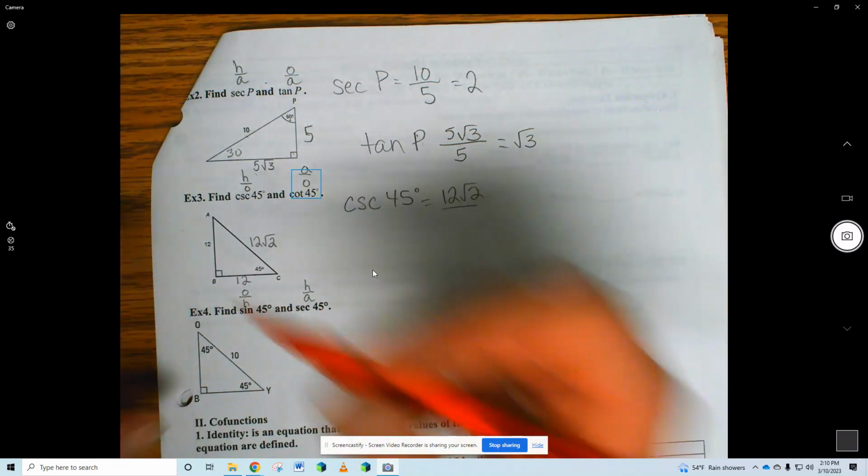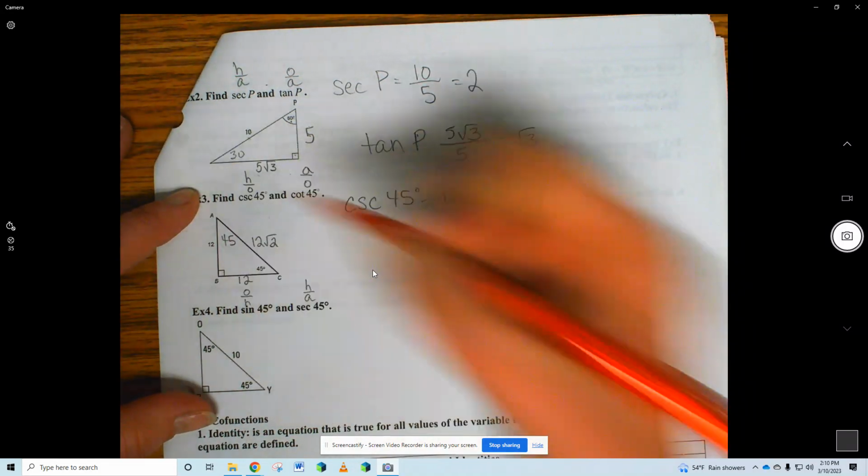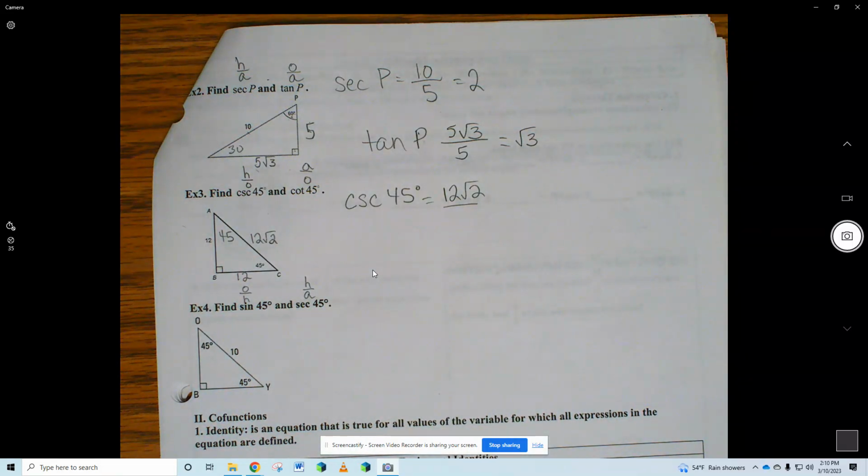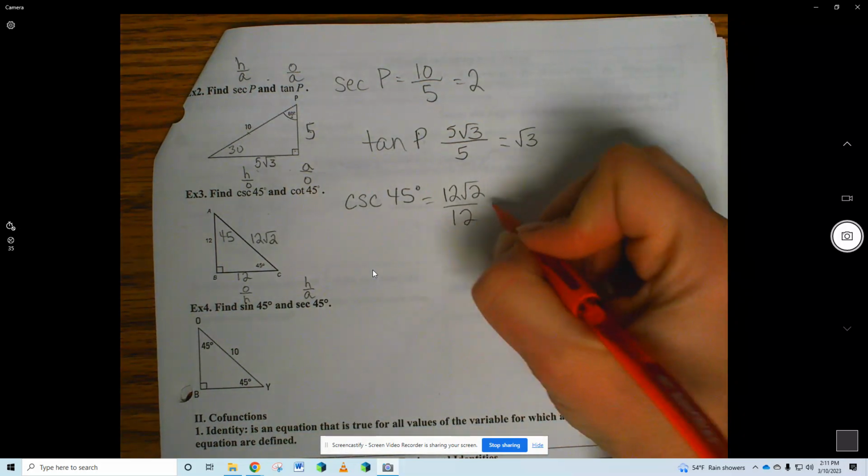Now you're like, well, what 45 are you talking about? It doesn't matter because it's an isosceles triangle. My opposite side of any 45-degree angle is going to be 12. So I'm going to put 12, and then I reduce that.